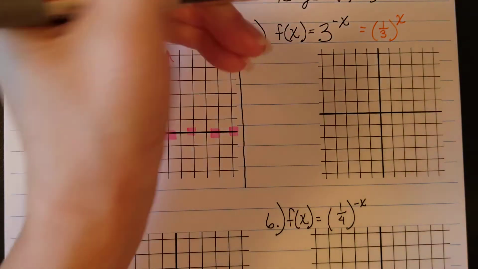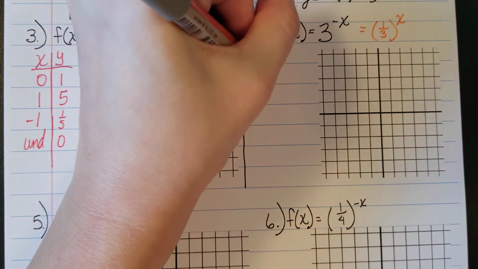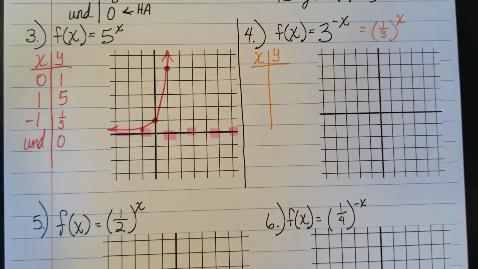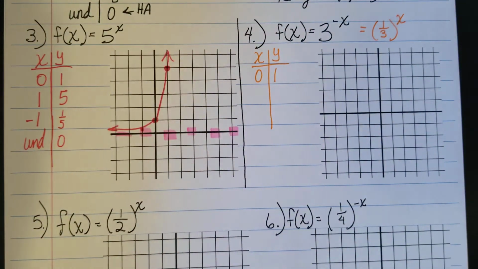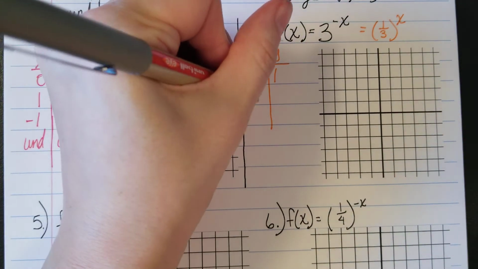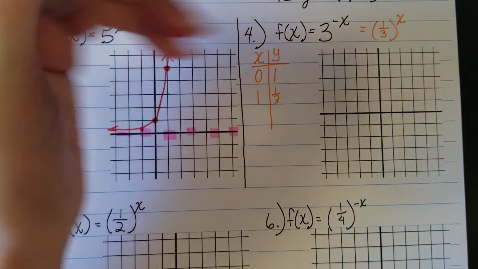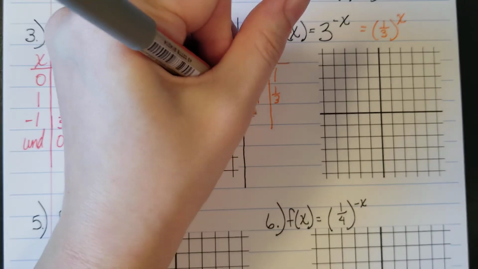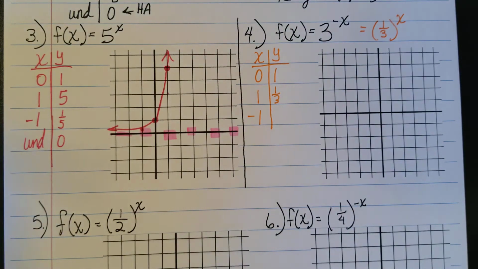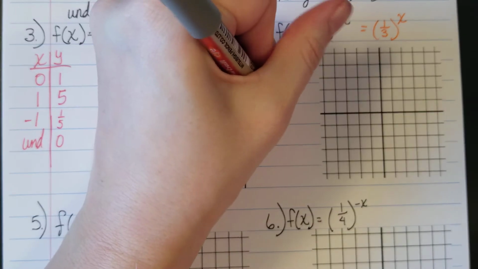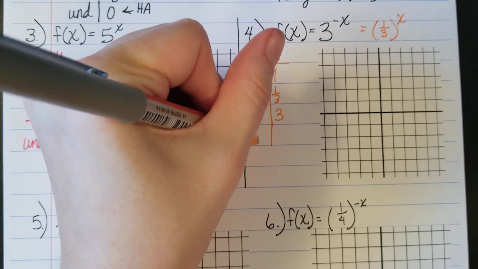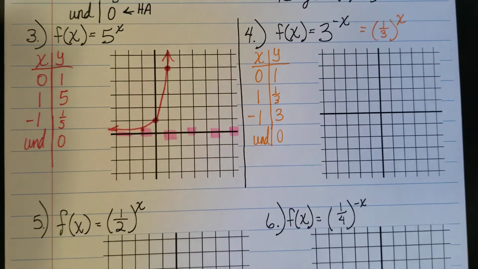So the table for this, we still have 0, 1. You would have 1, and then your base is 1/3. And you'd have -1, and then the reciprocal of your base, which is 3. And then you've got your asymptote at 0 still.